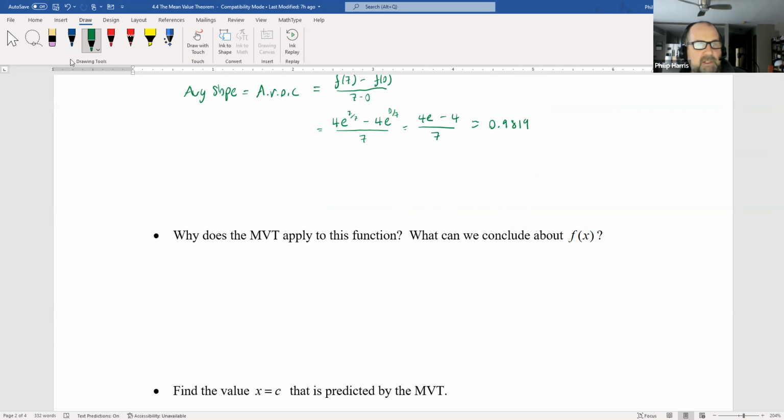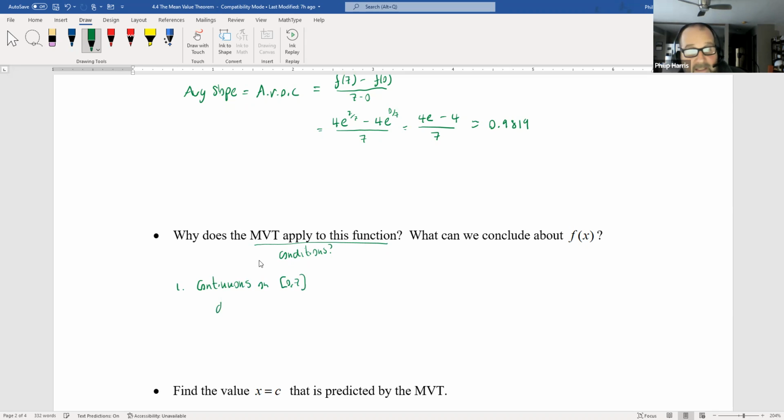Second part of the question is, why does the mean value theorem apply to this function? So this is really a matter of the conditions. Does it fit the conditions of the mean value theorem? Number one, is it continuous on the interval from 0 to 7?